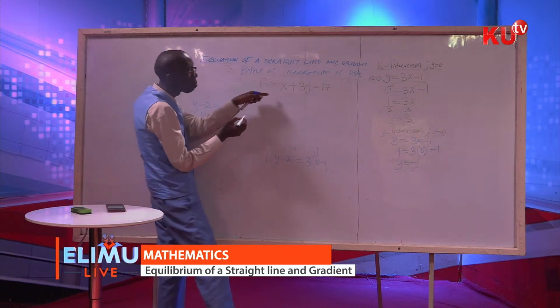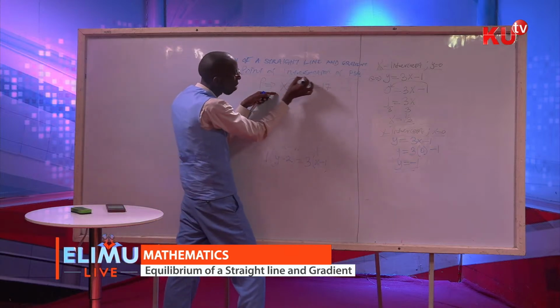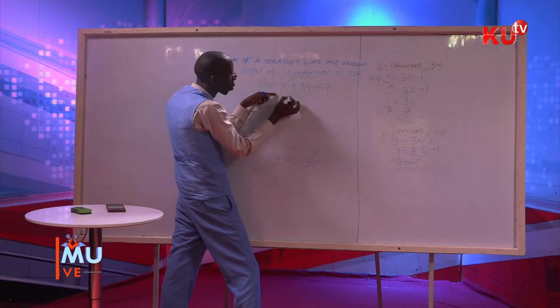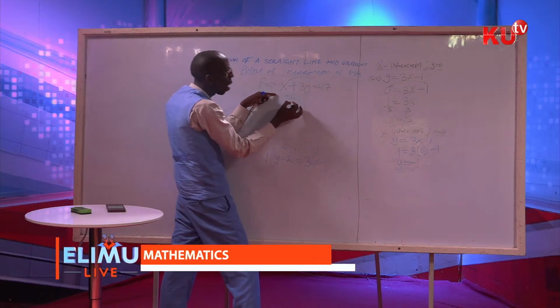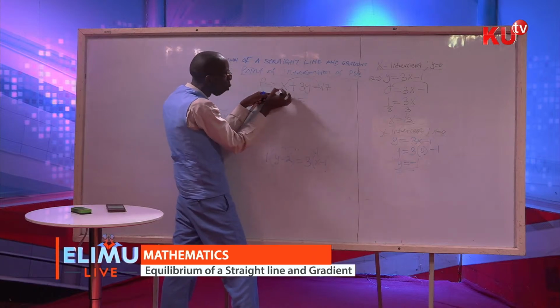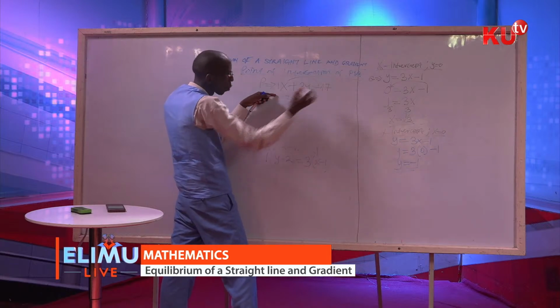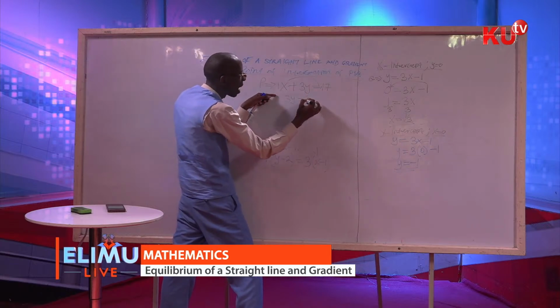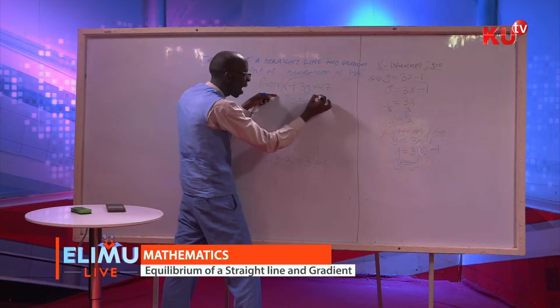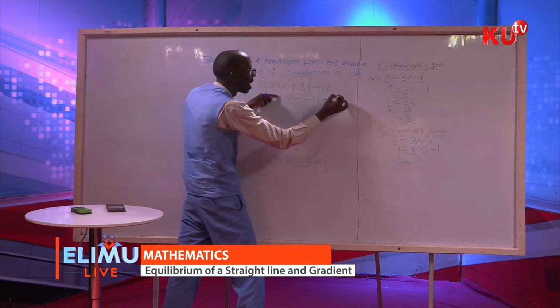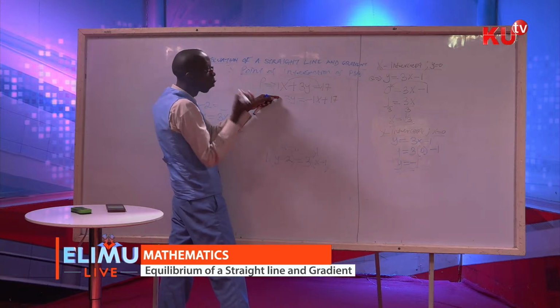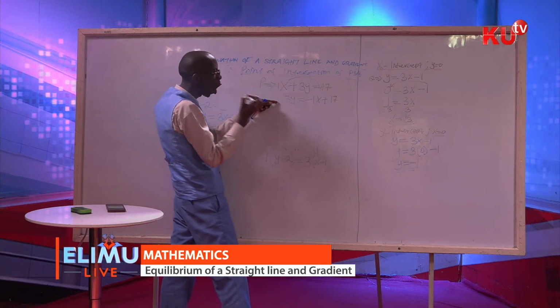So you must take x to the other side. So it will be 3y is equal to, when this 1x goes to the other side, it will be negative 1x plus 17. We need to be left with y only.